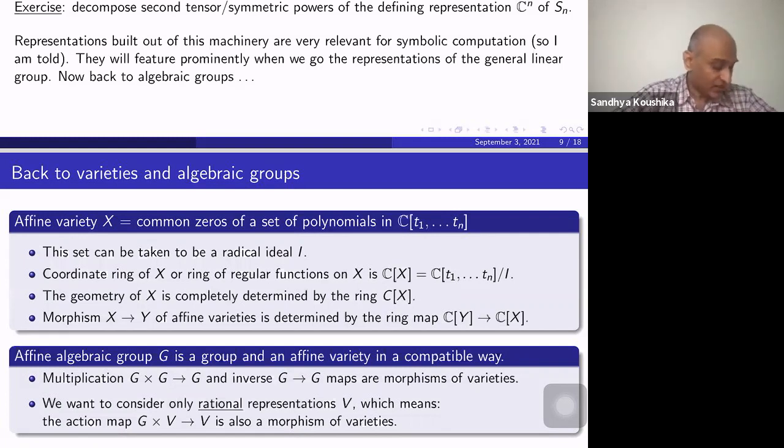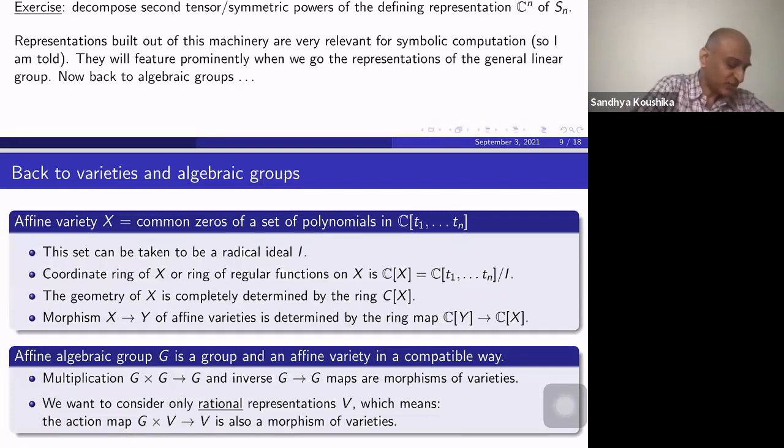So what we want to do now is consider representations of algebraic groups. But we do not want to consider abstract representations, because we would like this representation map also to be compatible with the structure as an algebraic variety. And so all that means is that this action map G cross V to V should also be a morphism of varieties.